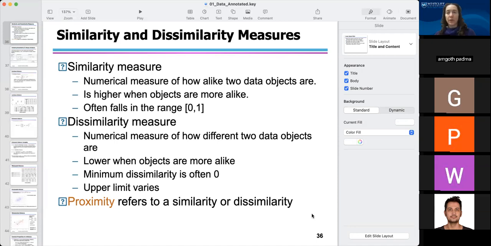We call those objects or records. They can also be transactions, but we call them objects because they can be anything. They can be humans, for example, customers, students, or patients in a hospital, or they could be transactions, or they could be climate data, or they can be tumors in a medical database. So for that reason, these are called objects, what we have on the rows.